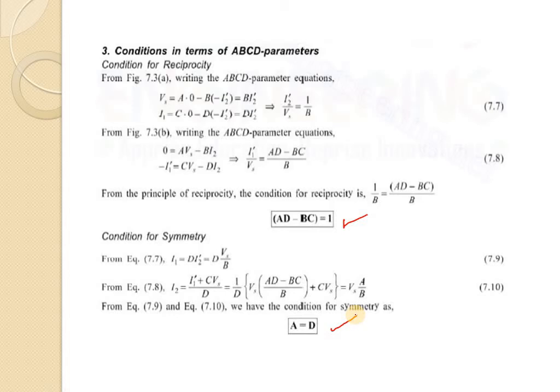The calculation procedure is the same as for Z parameters. I will tell you to practice these things by hand for all the reciprocity and symmetrical conditions for the other parameters, for easier understanding.